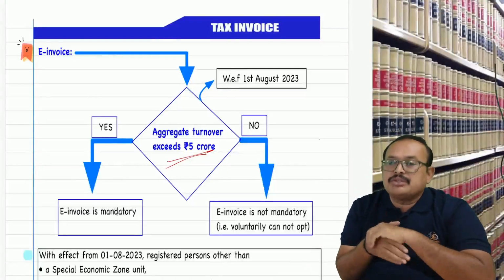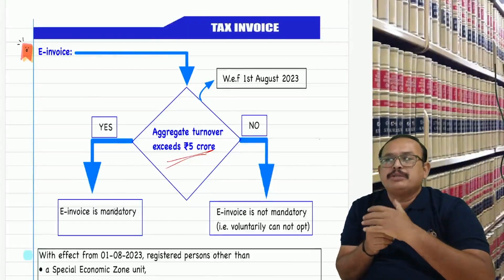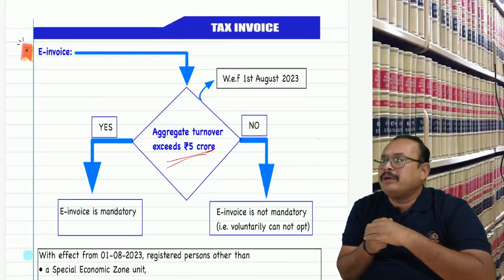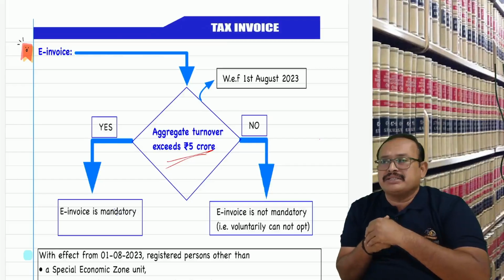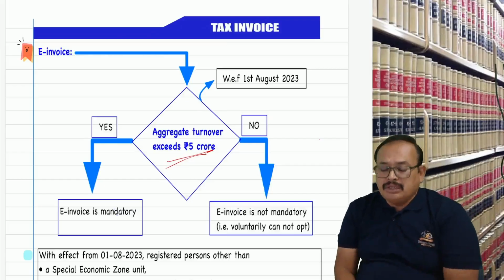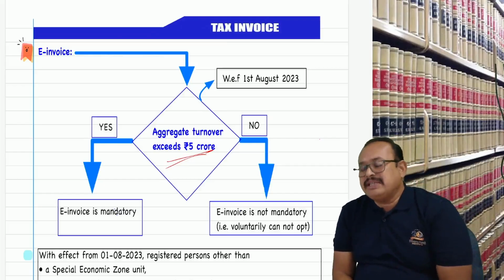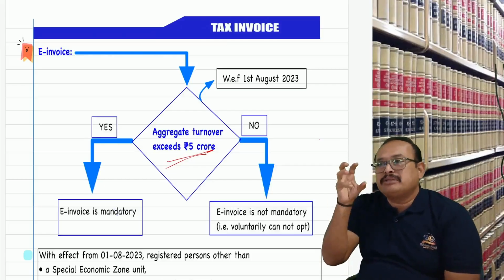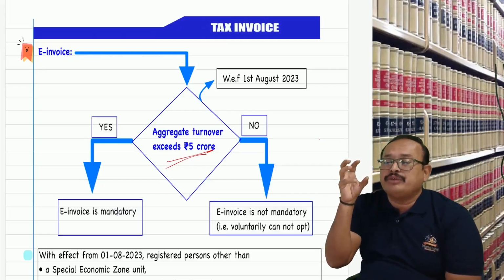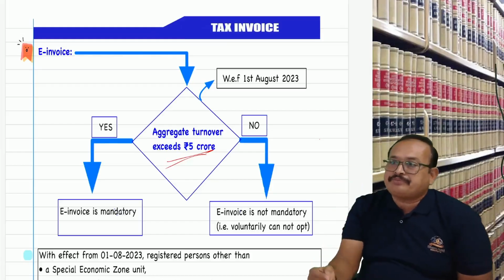In the last class, we understood the input tax credit chapter followed by registration under the GST. Now I am referring to the tax invoice, in which the major part, from the exam point of view, is e-invoice.